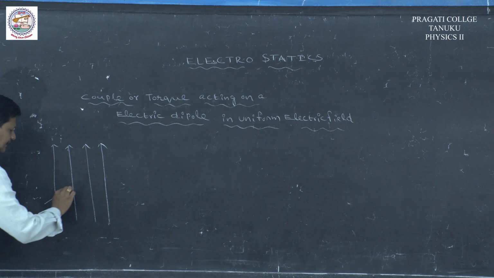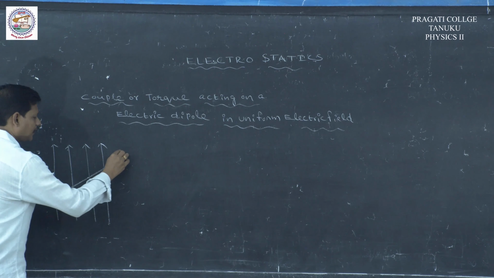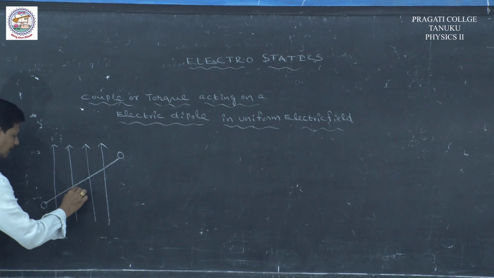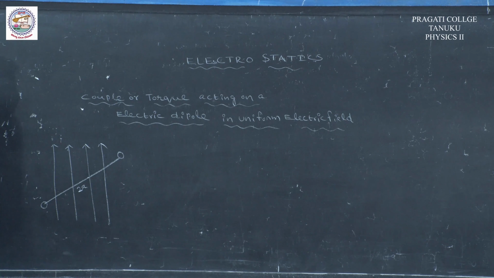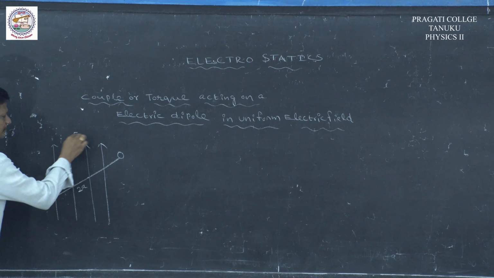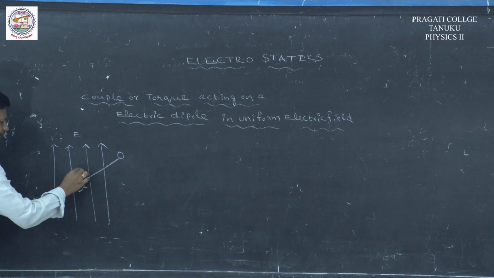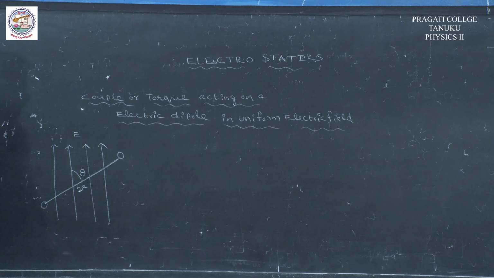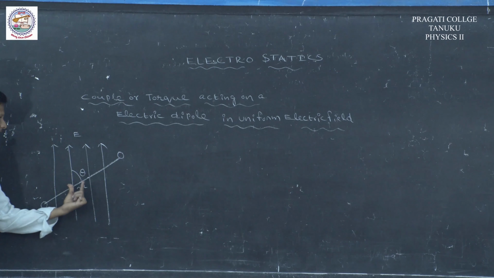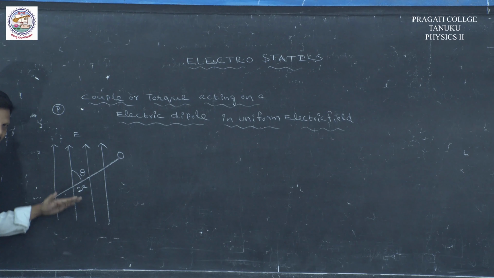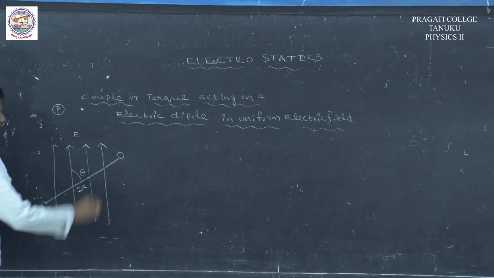Let us consider an electric dipole of moment P placed in a uniform electric field of strength E, at an angle theta with the direction of the electric field.